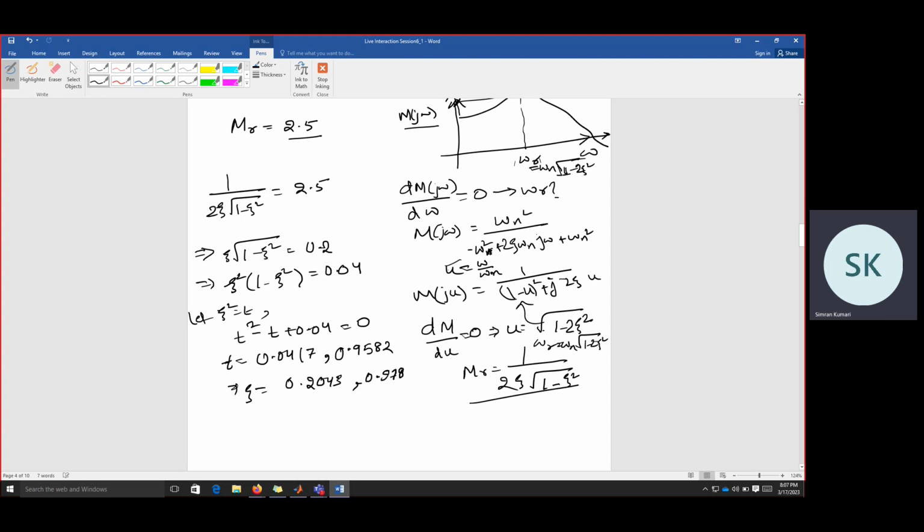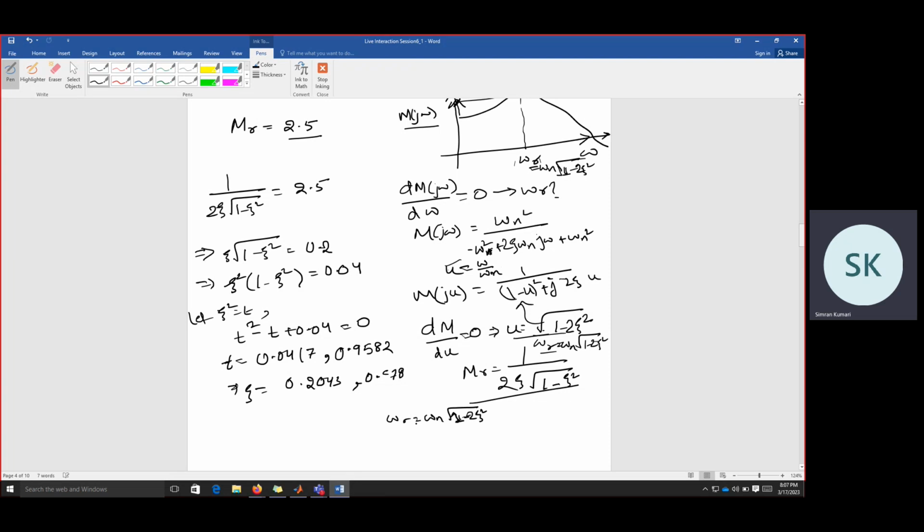Okay, so there are two values of zeta, and we have been asked to find the value of zeta. Now if you see this, omega r is equal to omega n root over 1 minus 2 zeta square.